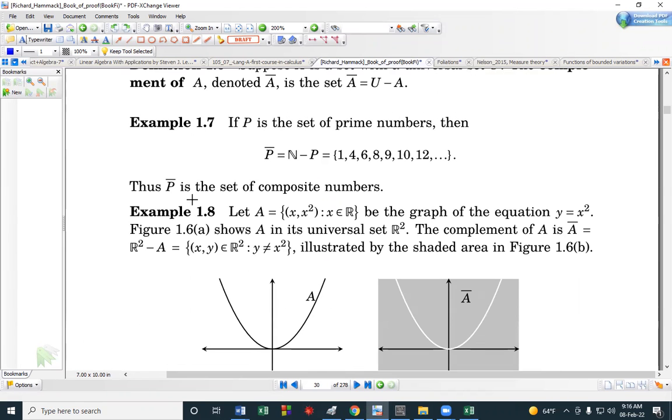Let's explain this example. Again, the set A is the graph of the relation or function y equals x squared.